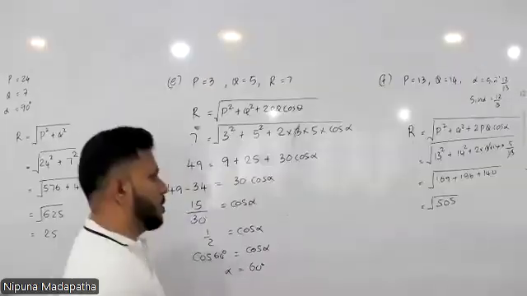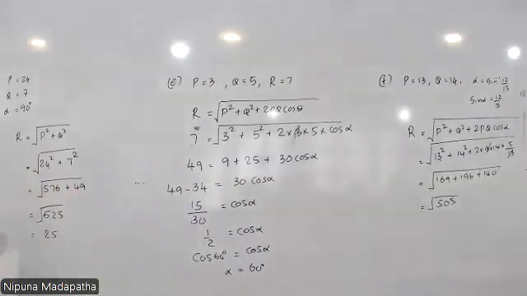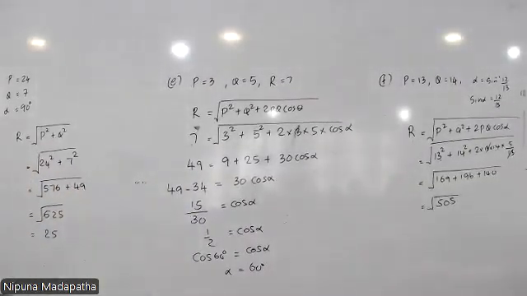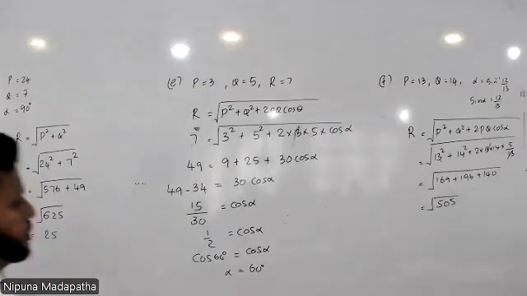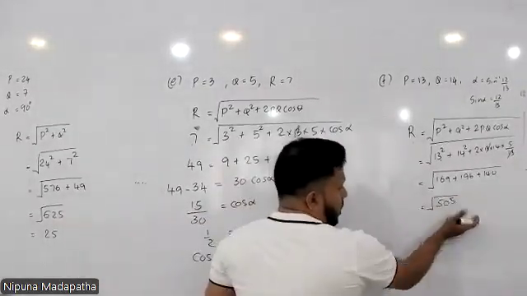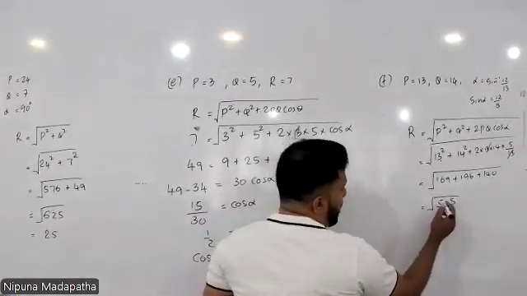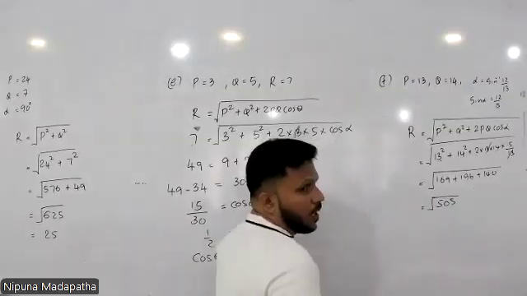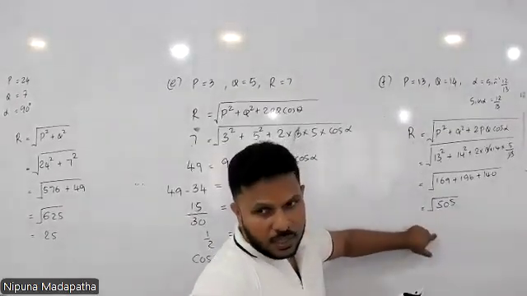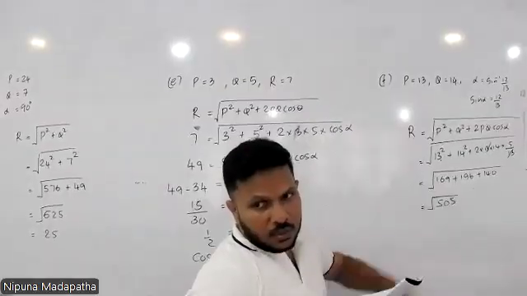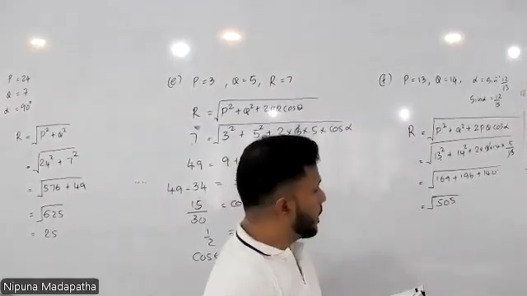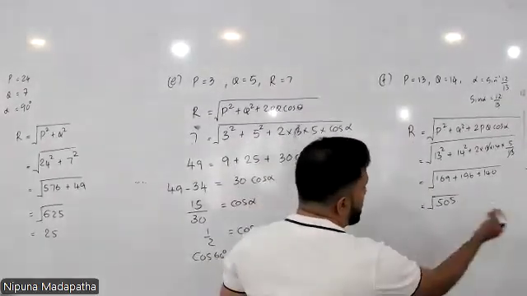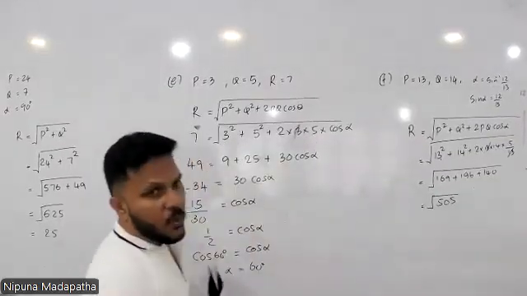Simplify this and the answer will be 22.47. Okay. So don't give answers as square roots. You need to simplify and express them to two decimal points.